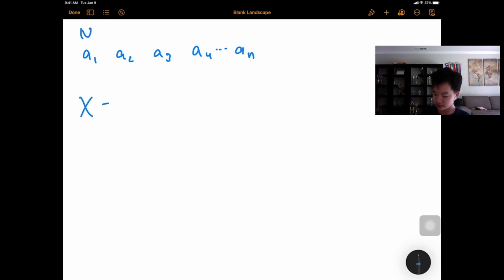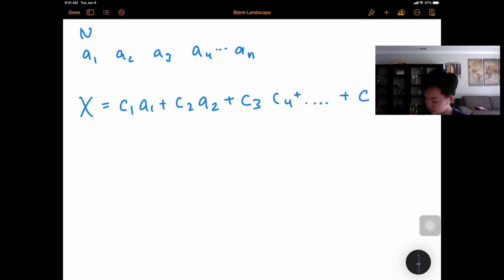Then this is going to be some coefficient that goes with a1, some coefficient that goes with a2, some coefficient that goes with a3, a4, and so on, up to a coefficient that goes with an, where ci is greater than or equal to 0, and ci is an integer.